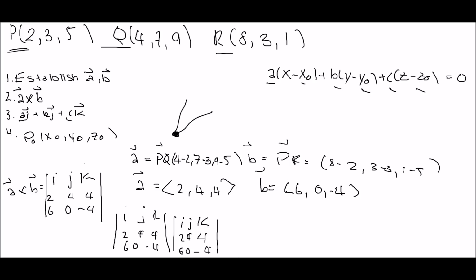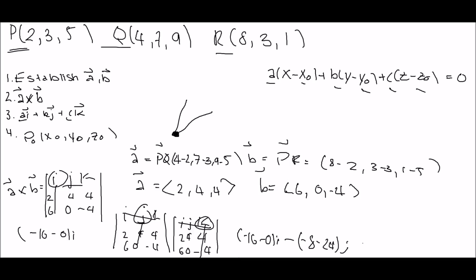Perfect. So let's do I, and our J and our K. Okay, so we have negative 16 minus 0 is our I, minus negative 8 minus 24 is our J, and our K is given by 0 minus 24.